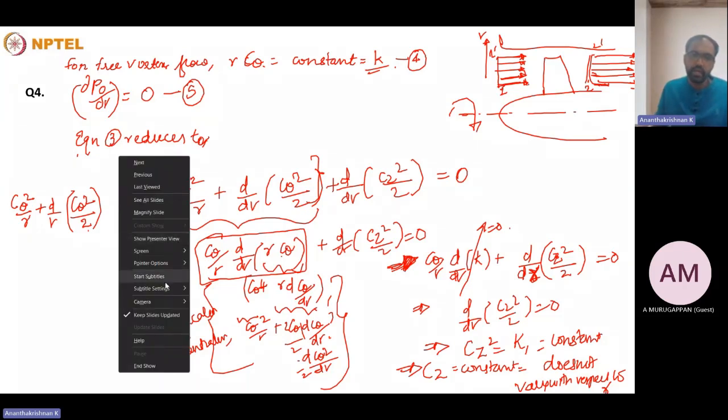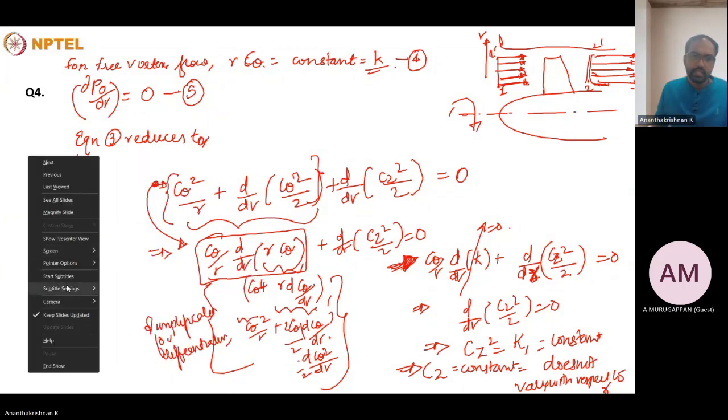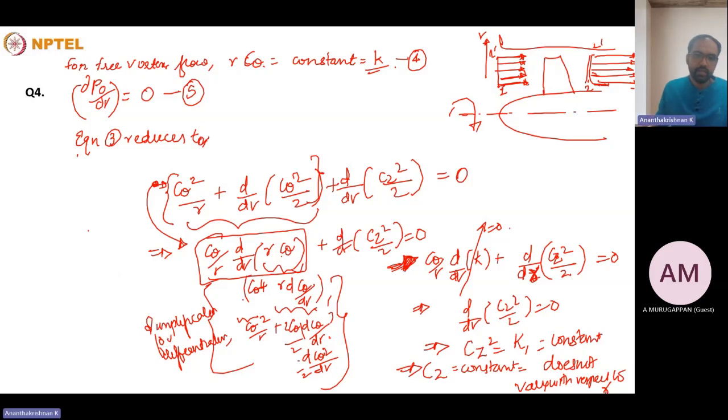What we have right now in our hand is this particular term, c theta by r d by dr r c theta. If we can prove that after performing the differentiation this will become the term in the bracket, then both are equivalent. So try doing the differentiation in this case.